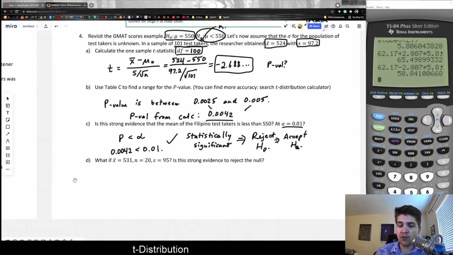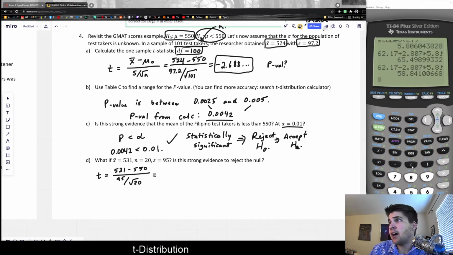So again, we could start off with the t-statistic. So the t-statistic here would be x bar minus the null hypothesis theoretical mean value, divided by the standard deviation divided by the square root of the sample size. And then we could get our t-statistic value.